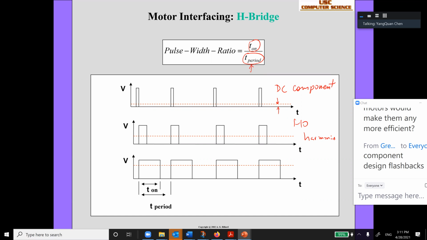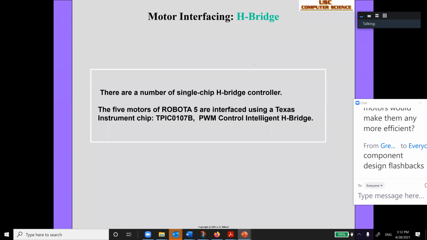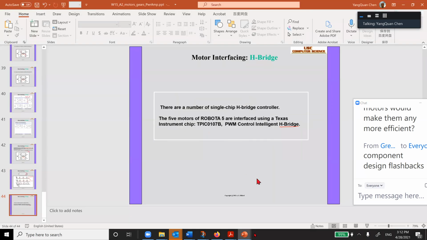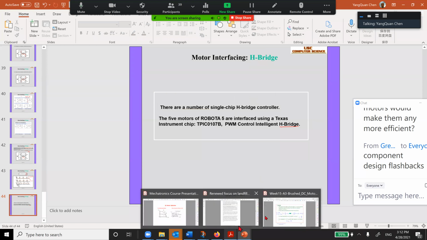If the period is small, so this frequency is high, so the efficiency is high. There are many different PWM and H-bridge circuits to do the same work. So this basic principle for doing this power amplification is like that.